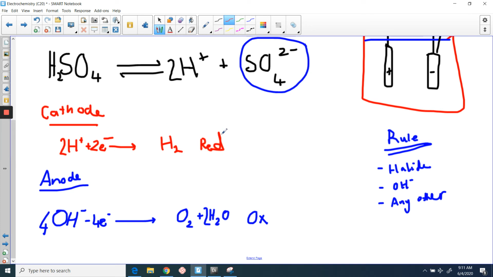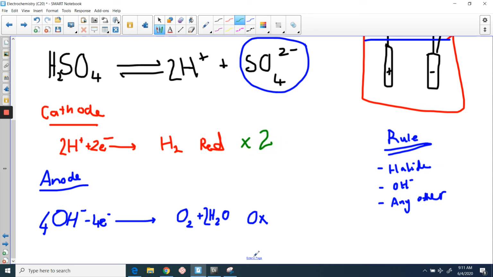Now, I think it's worth delving a little bit deeper here and truly understanding what is going on. Remember, in any redox process the number of electrons lost and gained has to be equal. So if I was going to make this into a full redox equation, which I will do now, although it's irrelevant for the question, let's do it anyway. You need to have 4 electrons gained here, so hopefully you understand that you'd have to double that.